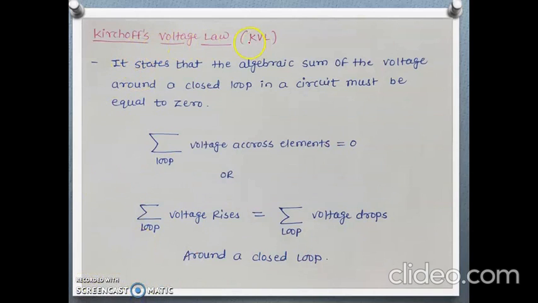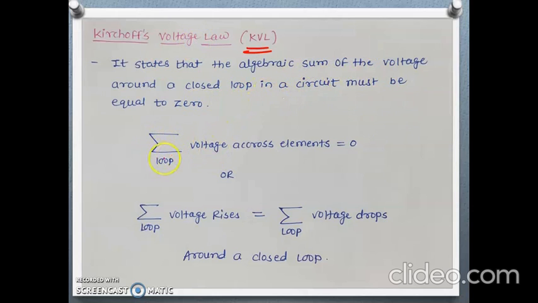Then let's see the statement of Kirchhoff's voltage law. Kirchhoff's voltage law, known as KVL, states that the algebraic sum of voltages around a closed loop in a circuit must be equal to 0. When we are applying this KVL to a closed path, the algebraic sum of voltages around that closed loop in a circuit must be equal to 0.